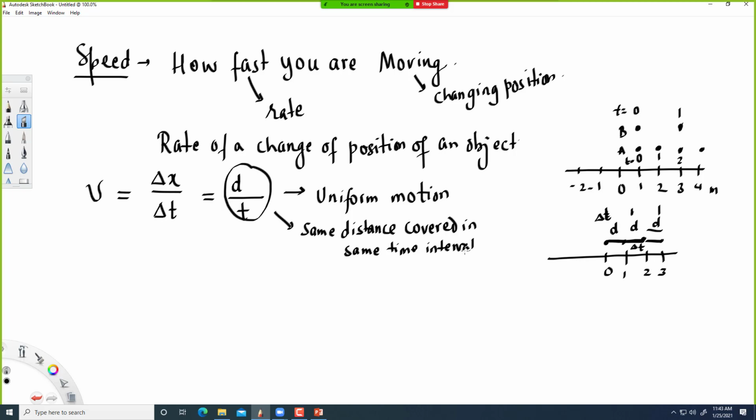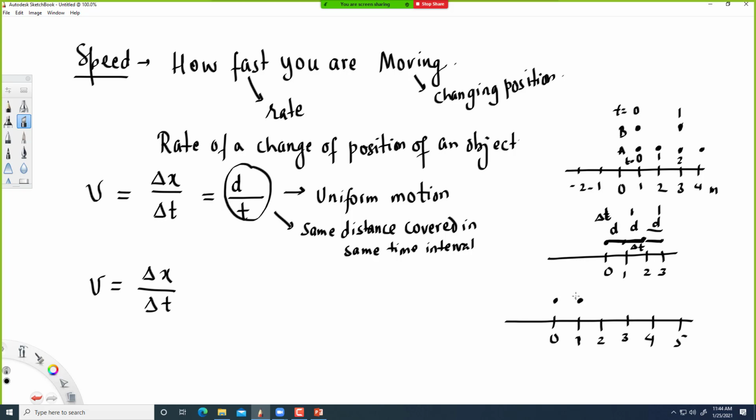The meaning of this one is the same distance covered in the same time interval. Now we also have non-uniform motion. In the case of non-uniform motion, we'll have different d's for different times. Here we can see 0, 1, 2, 3, 4, 5. In the first second, let's say it goes from here to here.